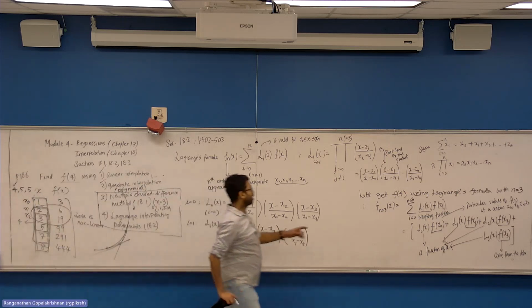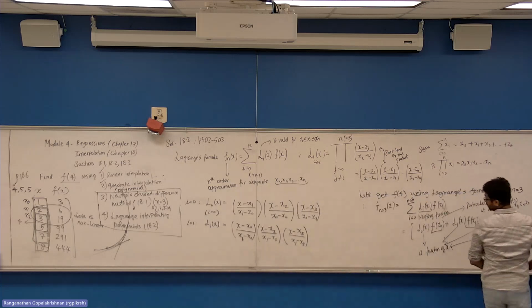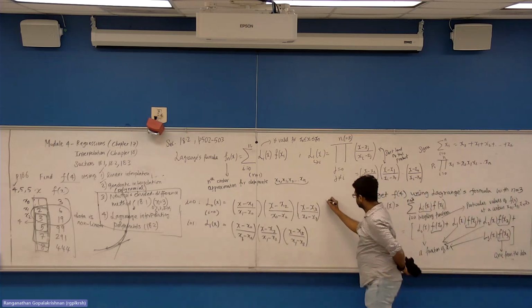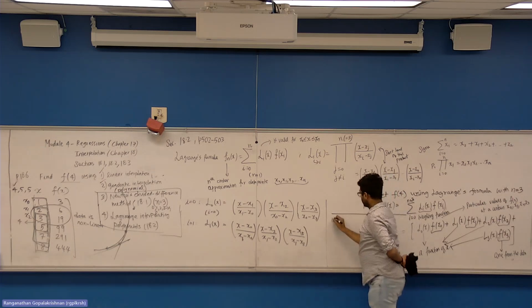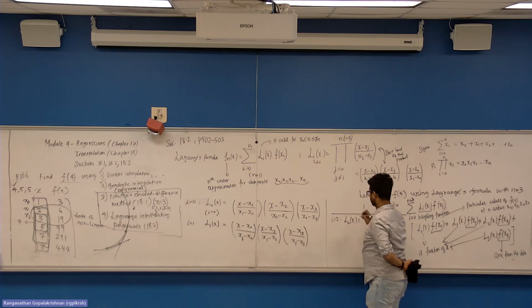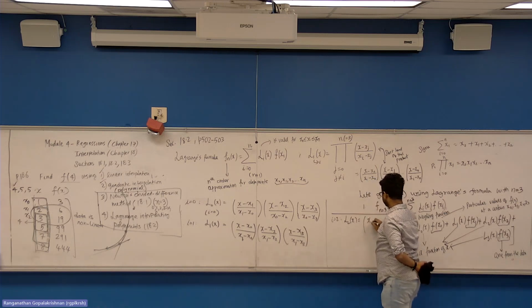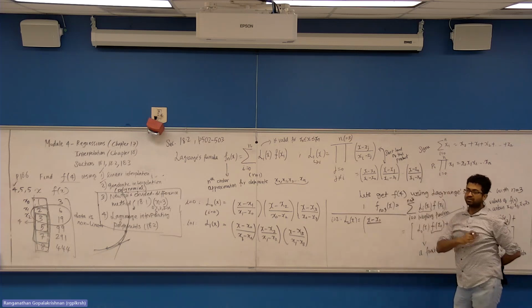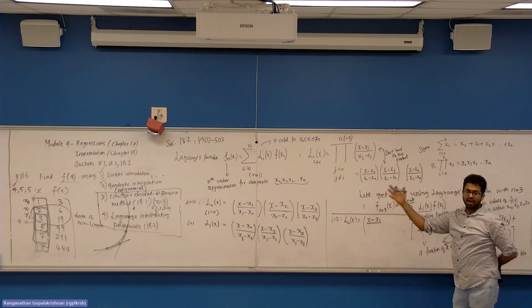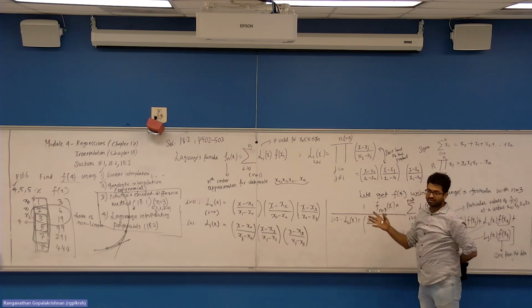We need L0, L1, L2, and L3. So similarly, for i equal to 2, L2 of x is x minus x naught. Always start with x naught and end with xn, and skip over the value of i. That's it.